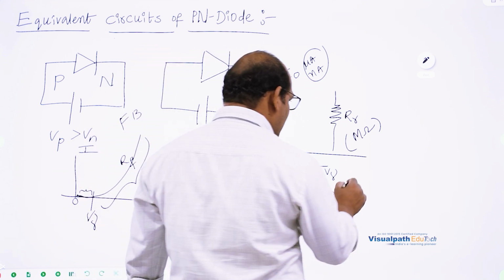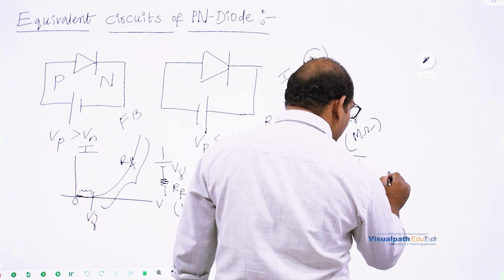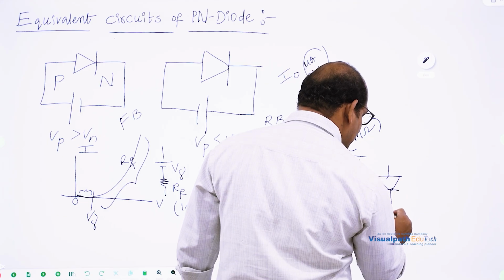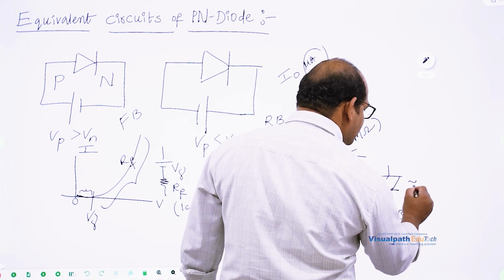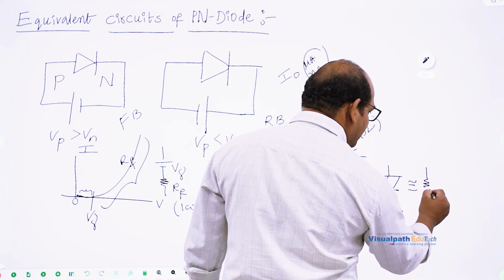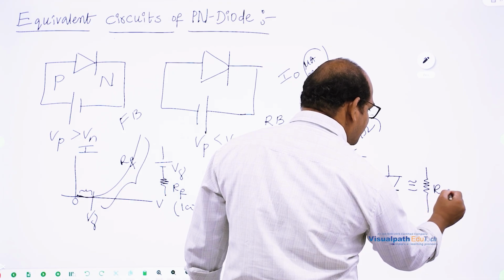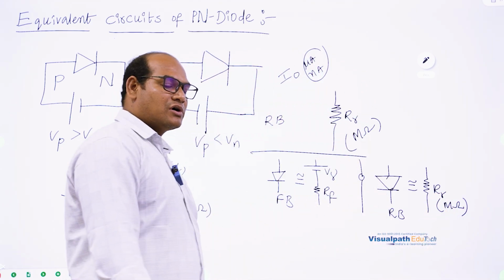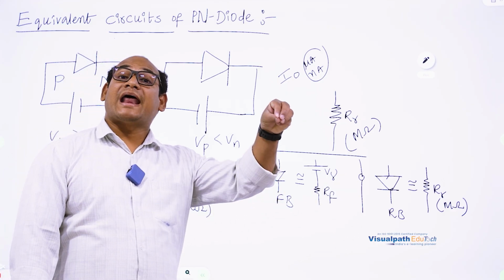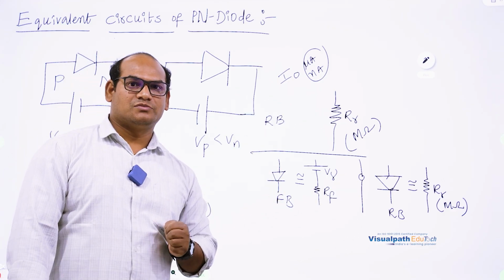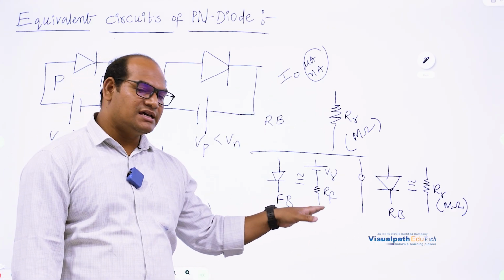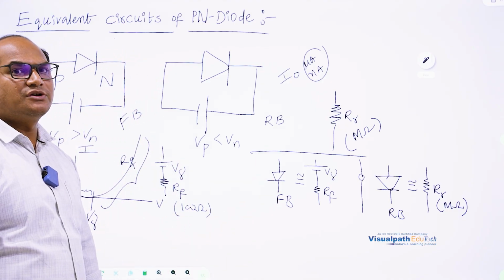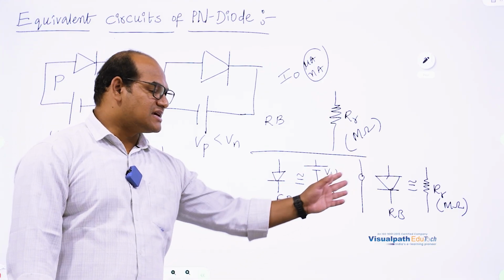Now another one, when the diode is in reverse bias, then I can replace this with a resistor RR which is in mega ohms. These are the equivalent circuits of the practical PN junction diode. Practical PN junction diode means we can replace it based upon the biasing technique which is provided to the diode, we can replace the circuits like this.